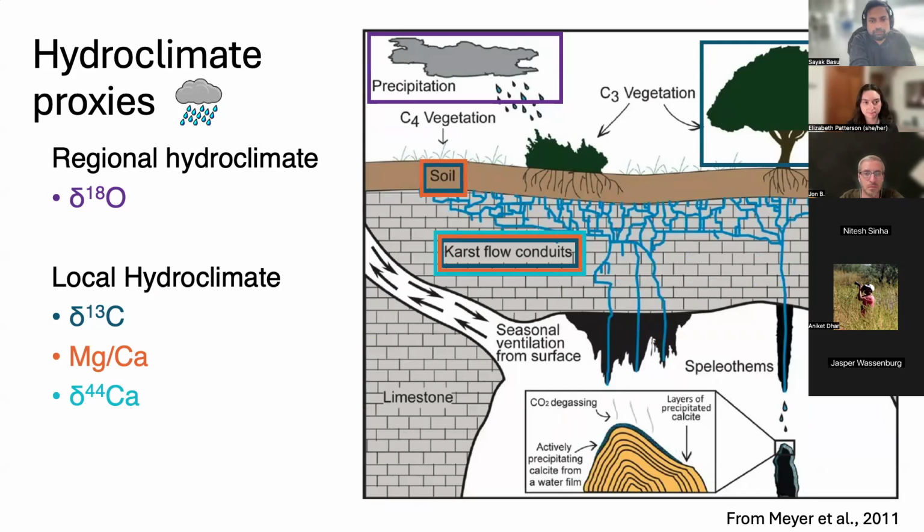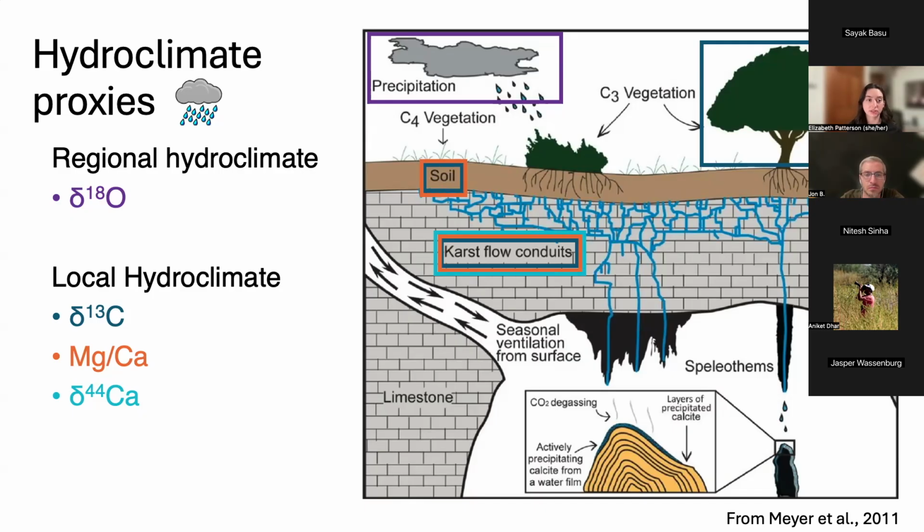how they break down. So oxygen isotopes, which are the most widely measured speleothem proxy, tend to reflect the isotope signature of rainfall. And in the case of Southeast Asia, this is not as much a local rainfall effect, but more of a bigger regional signal. So things like changes in moisture source or upstream rainout.